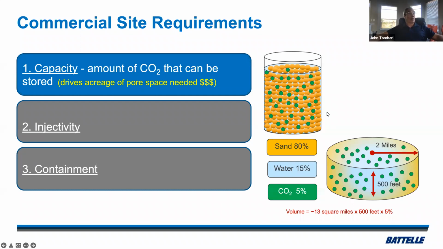So based on our volumetric calculations from parameters that we collect in the earth, we can make calculations and try to figure out how big is the cylinder that we would need, and hence how much acreage we need on top of that cylinder. So that's surely an economic number there, is capacity.